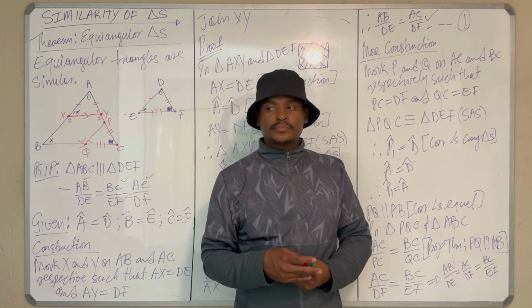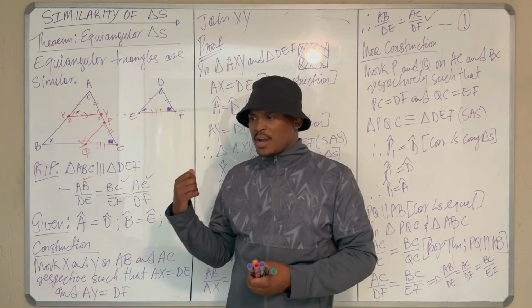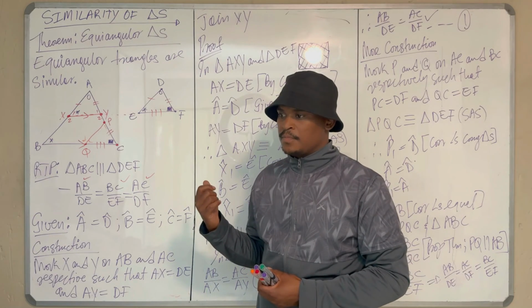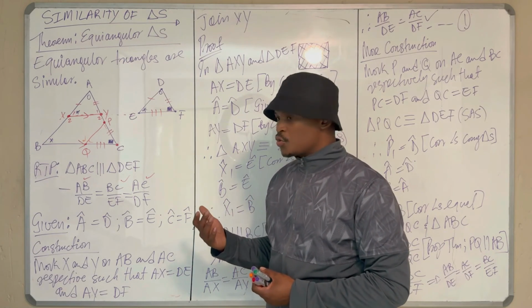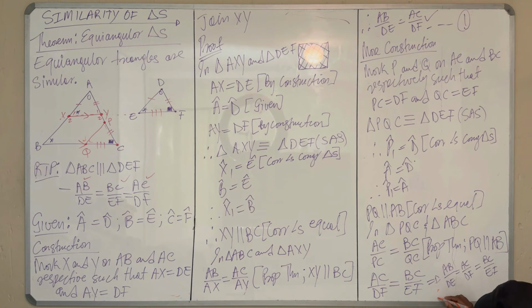Now, I'm done with this proof. But I want to talk about something related to this proof. What this says to you is that we should maybe have concluded, therefore, triangle ABC is similar to triangle DEF.